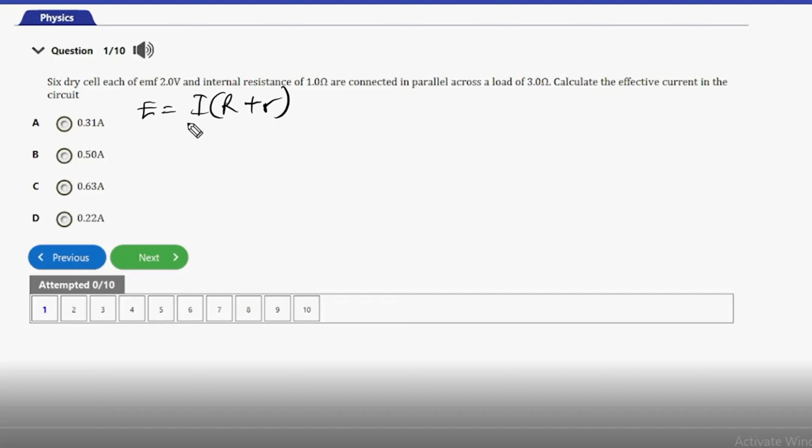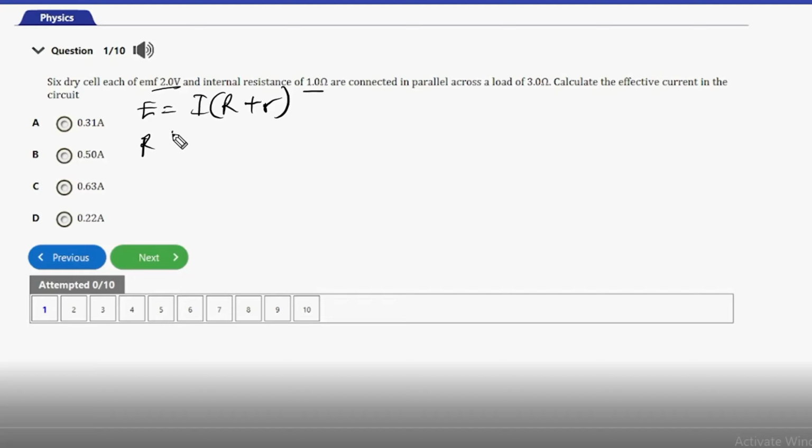So this is the equation we are going to be using, but then E is already given to us here as 2.0 volts, and for these 6 cells the voltage will remain the same since it's a parallel connection. So it means that the voltage is 2.0 across this. Whereas for the internal resistance, we are going to have r to be 1/6.